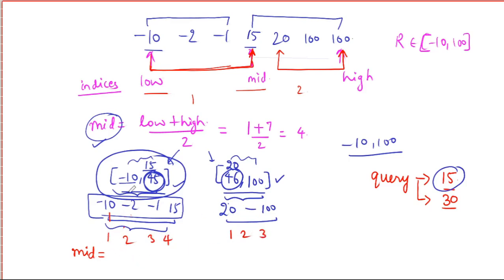And again here -10 is the lowest value, so this will be the low, and 15 is the high value, so this becomes the high. Same with the second half, low and high. In case there are any numbers between those, that will become the high value. So the mid has to be calculated, so it will become 5 by 2, which is basically 2.